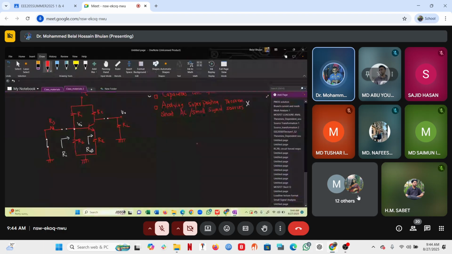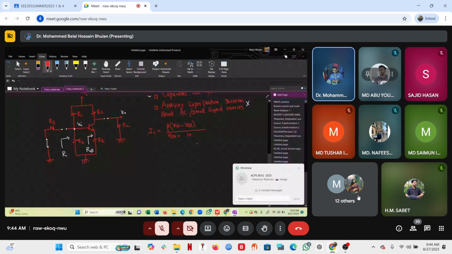So let's say we have solved it, and after solution, we get the expression for IC equals beta times VTH minus VBE, over RTH plus 1 plus beta RE.